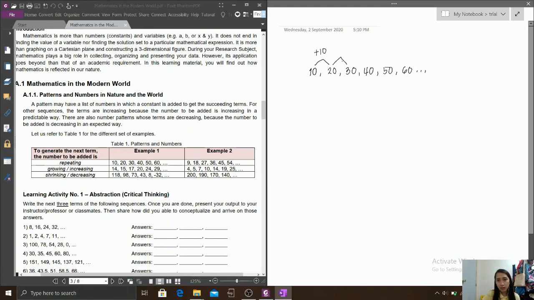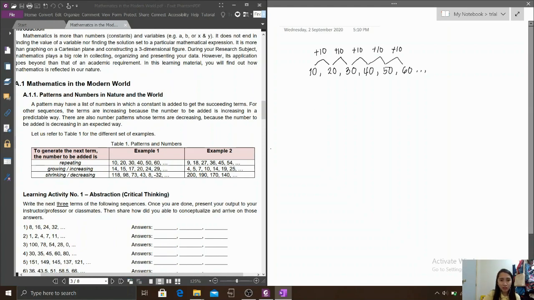In order to get 30, we'll add 10 to 20. Notice that for the remaining terms, we will do the same: plus 10, plus 10, and plus 10. In order to get the next term, we will simply add 10 to the previous term. That is why we call that repeating.